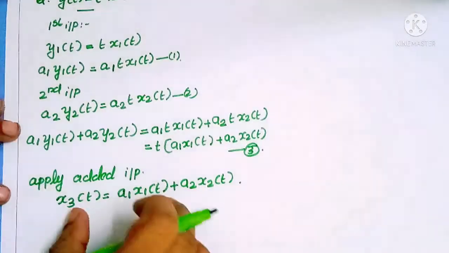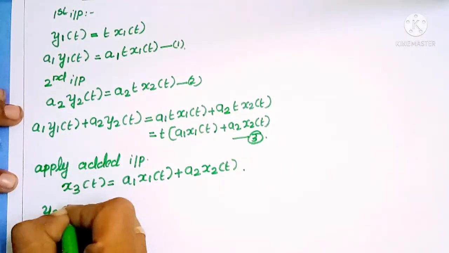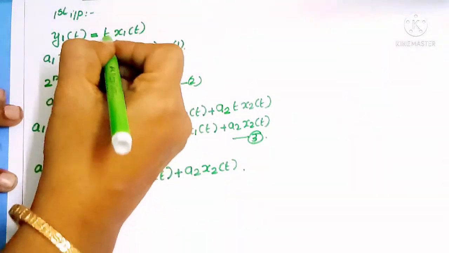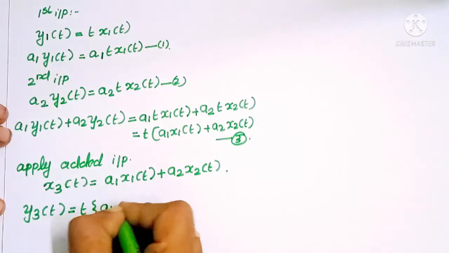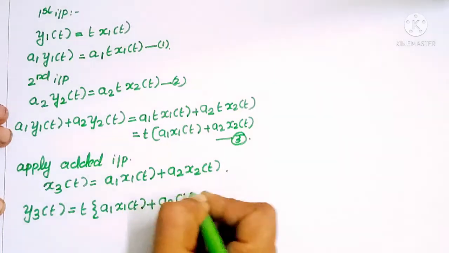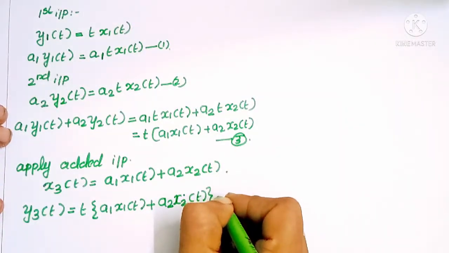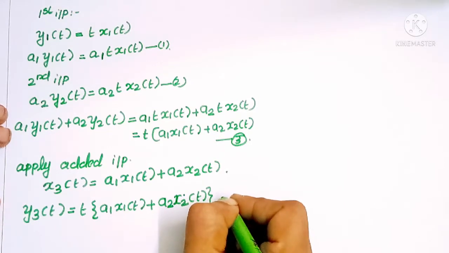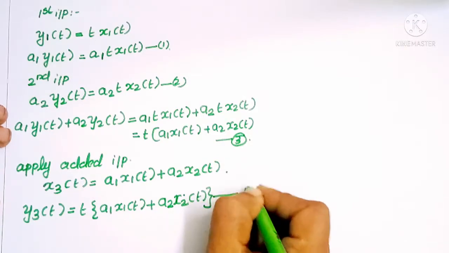This input signal is applied to the system, and we take the response y3 of t. y3 of t is equal to t into, instead of x of t, this added input a1 x1 of t plus a2 x2 of t. This is equation number 4.